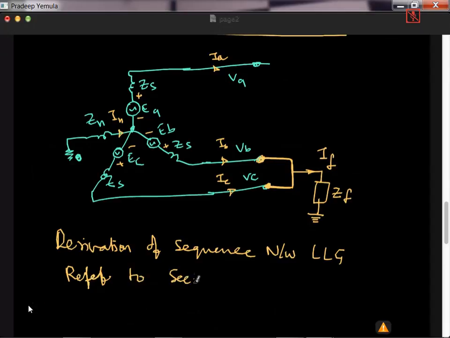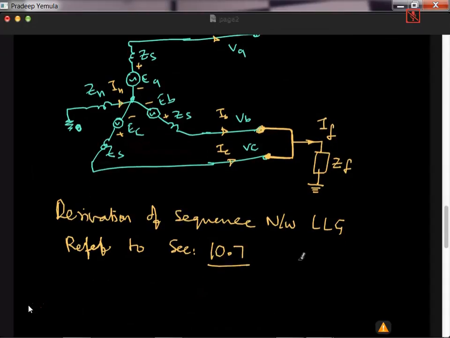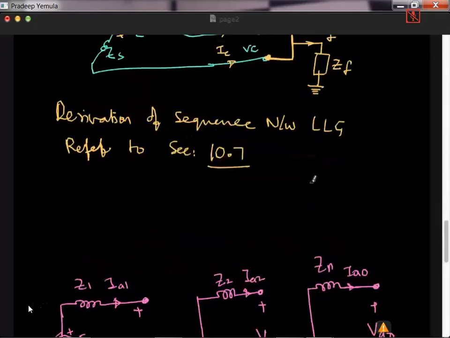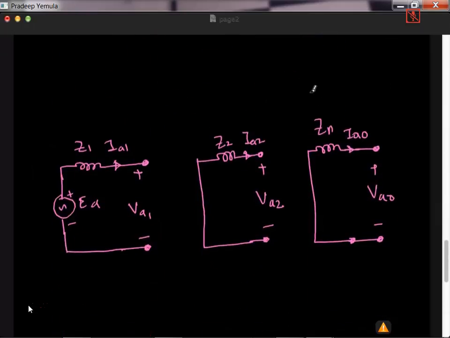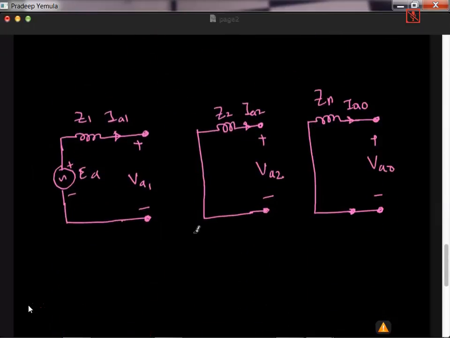Refer to section 10.7 of Hadi Saadat, and understand it. So what are the sequence networks? The sequence networks are like this. This is the generator sequence network without any fault. Now there is a line to line to ground fault.